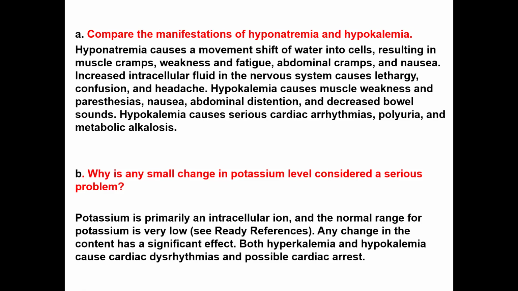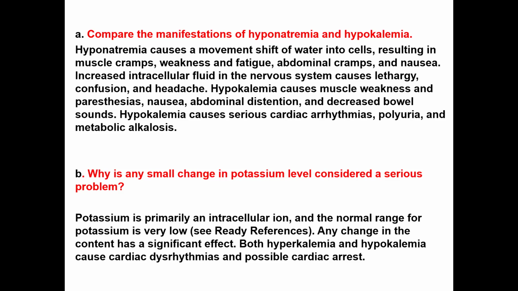Increased intracellular fluid in the nervous system causes lethargy, confusion, and headache. Hypokalemia causes muscle weakness, paresthesias, nausea, abdominal distension, and decreased bowel sounds. Hypokalemia also causes serious cardiac arrhythmias, polyuria, and metabolic alkalosis.